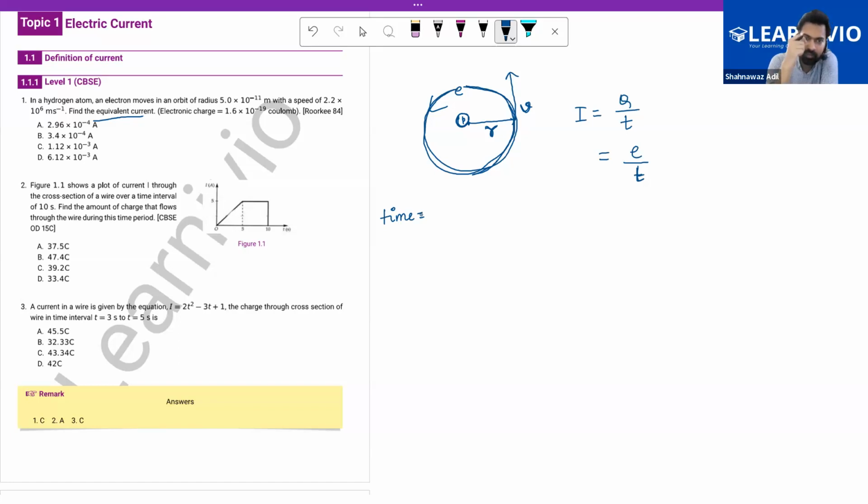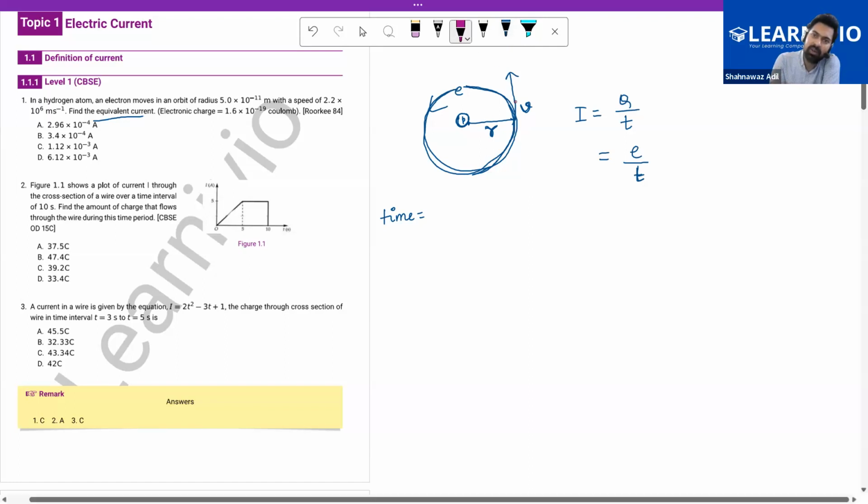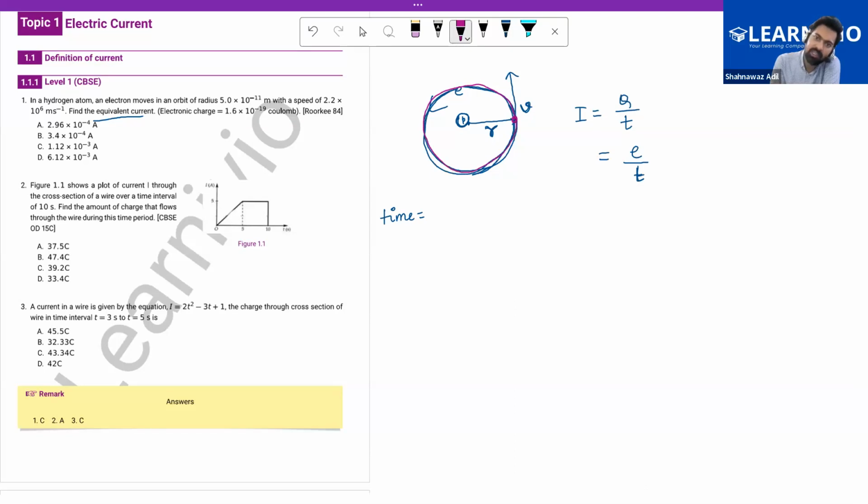If some object is moving with some velocity and it is covering some distance, what is the time? Let's say the electron is moving from here to here, completing this distance.